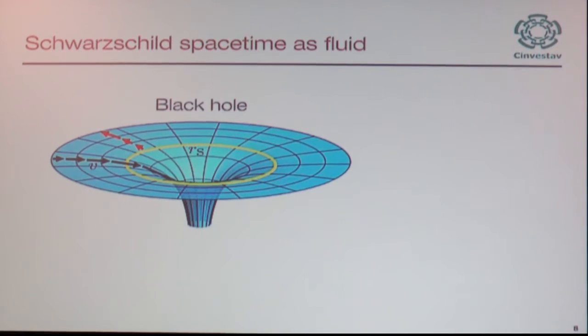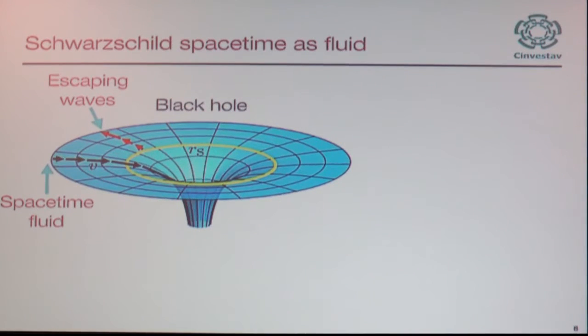So you can think like water is flowing to some hole, and you imagine that there's some flow of space-time that goes faster every time, and this flow is so fast that at a certain radius it surpasses the speed of light. In that case, light cannot escape from this hole, right? This is what a black hole is.